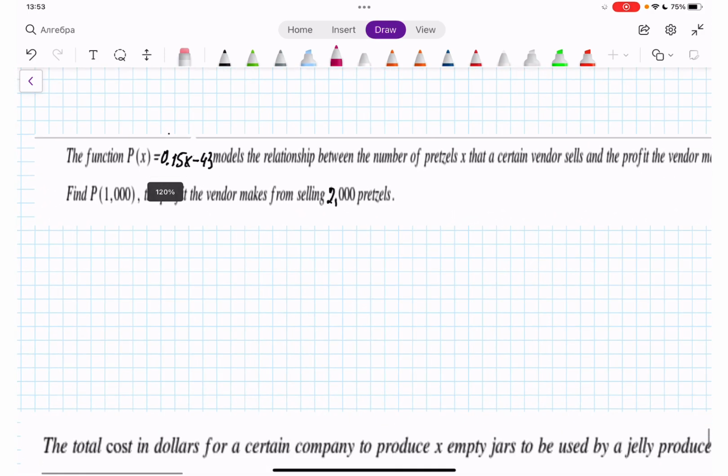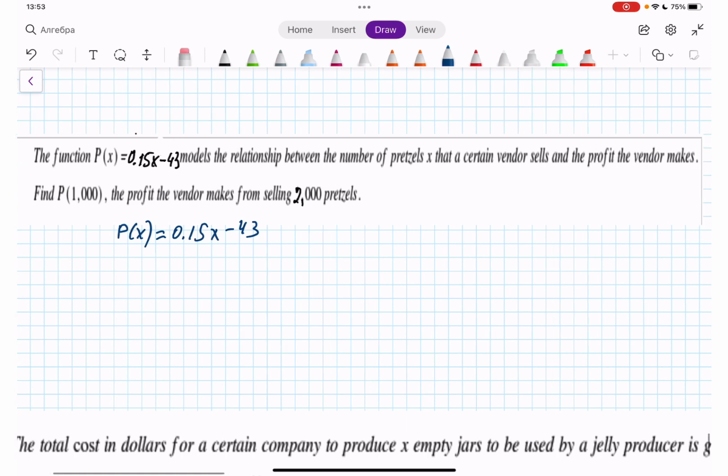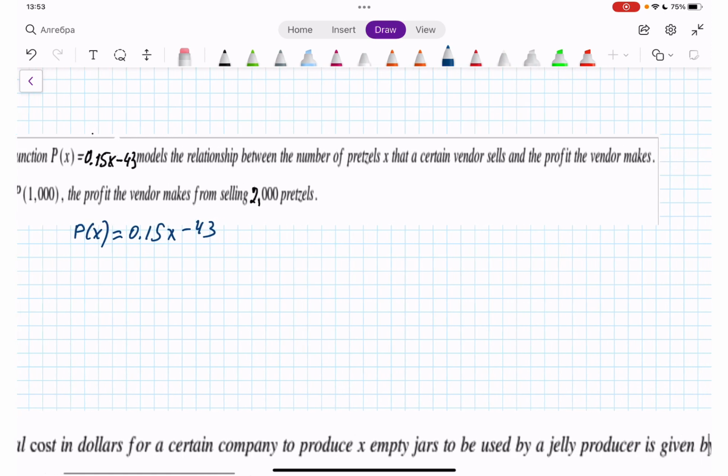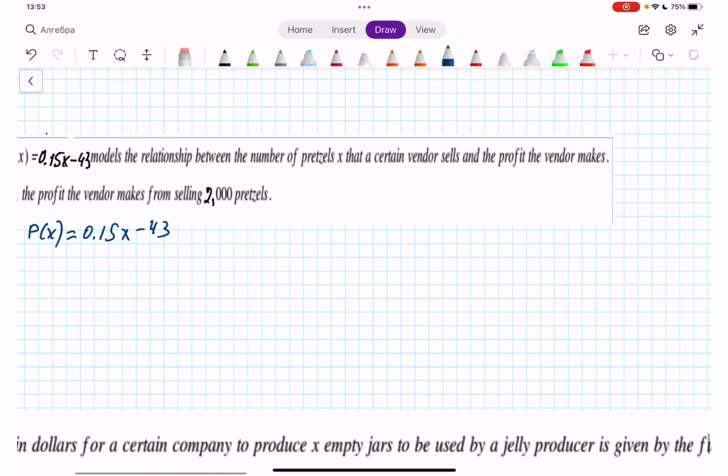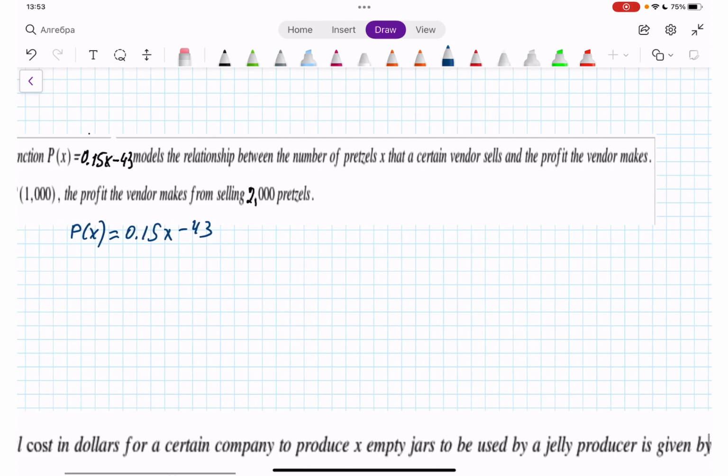The function p of x is equal to, let me write it down, 0.15x minus 43, and models the relationship between the number of pretzels x that a certain vendor sells and the profit the vendor makes.